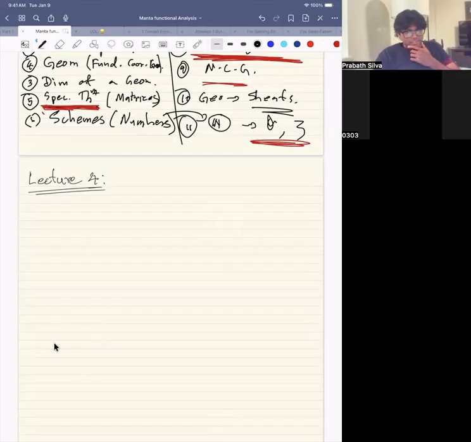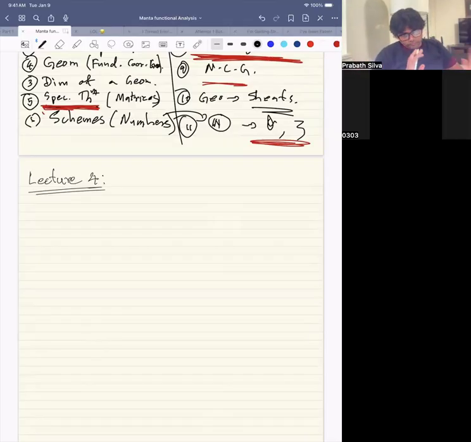One of the difficulties I had was that I was trying to teach this to students with less background, for example, people who haven't done functional analysis.